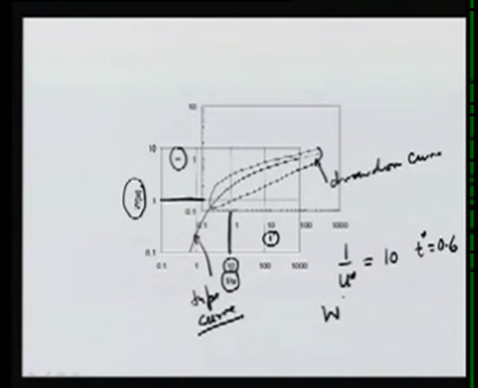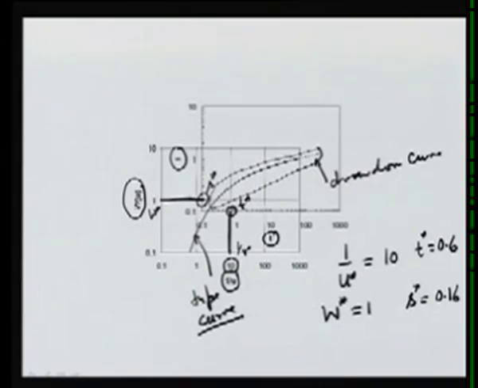So W star equal to 1, and the corresponding value of S comes out to be 0.16 from this figure. So this is S star, this is T star, this is 1 over u star, and this is W star.